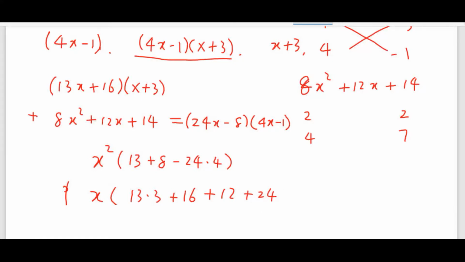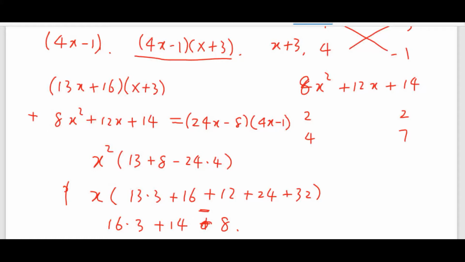And negative a multiply 4. Then plus the constant: 16 multiply 3 plus 14. And minus negative 8 multiply negative 1 is positive 8.